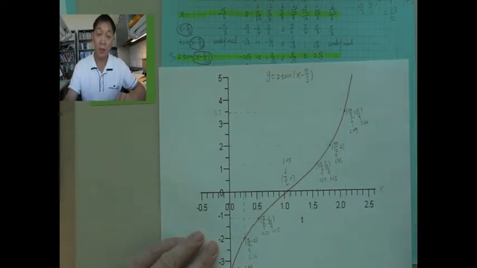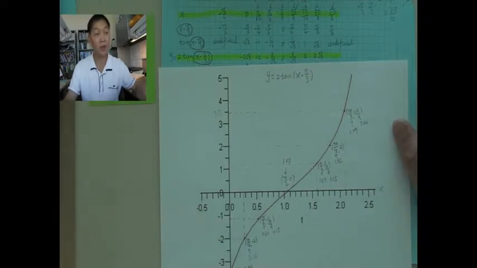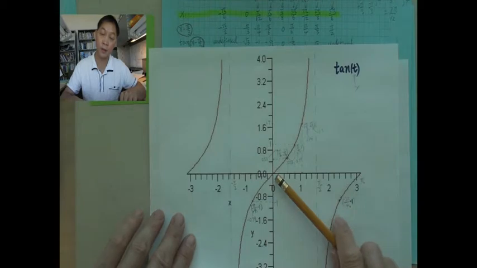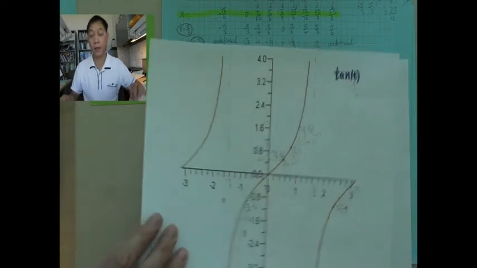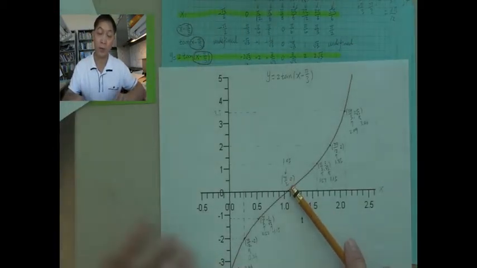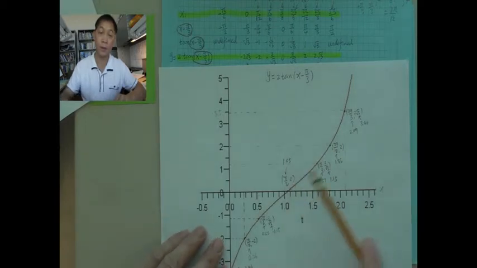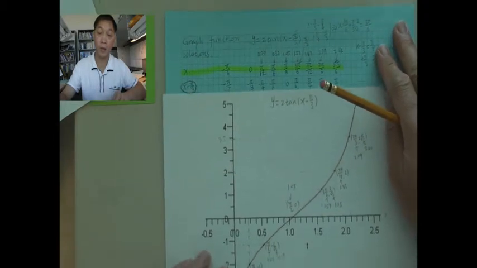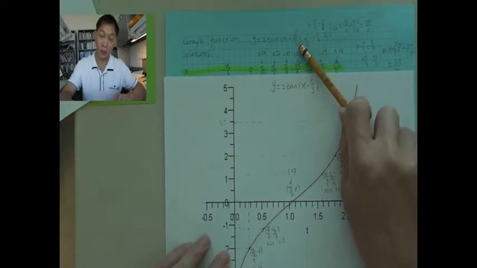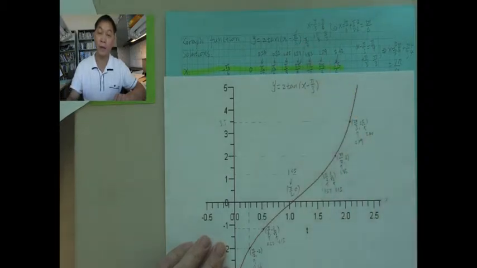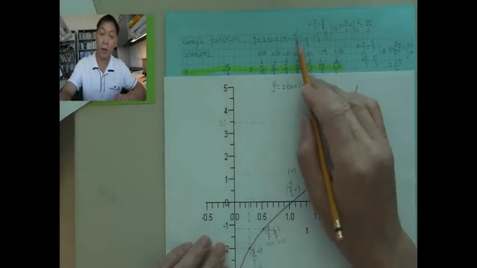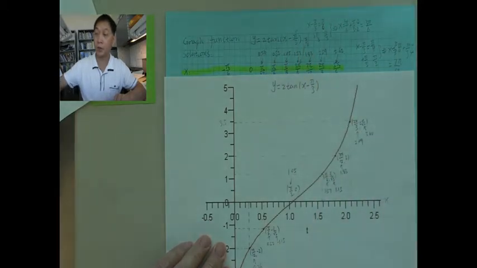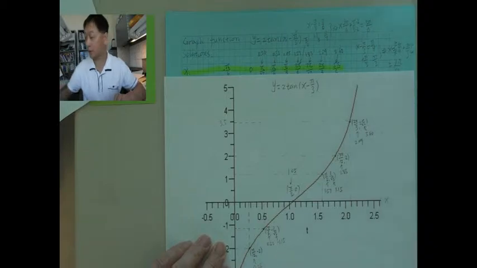Okay. The thing is that right now you can see tangent x previously starting with 0. Now the x-intercept is pi over 3. The reason we have pi over 3 as a new x-intercept is because here is x minus pi over 3. Okay? So that's why we say this x minus pi over 3 shifts the picture pi over 3 units to the right.